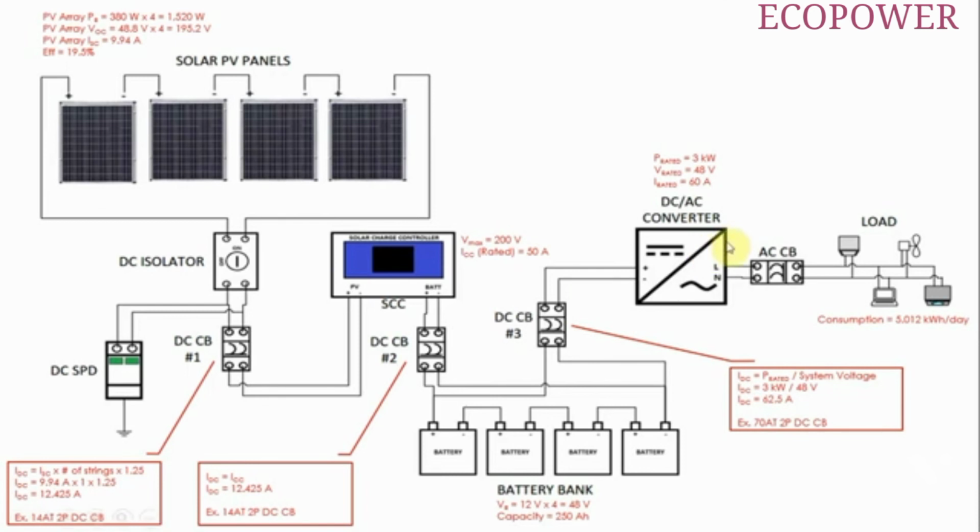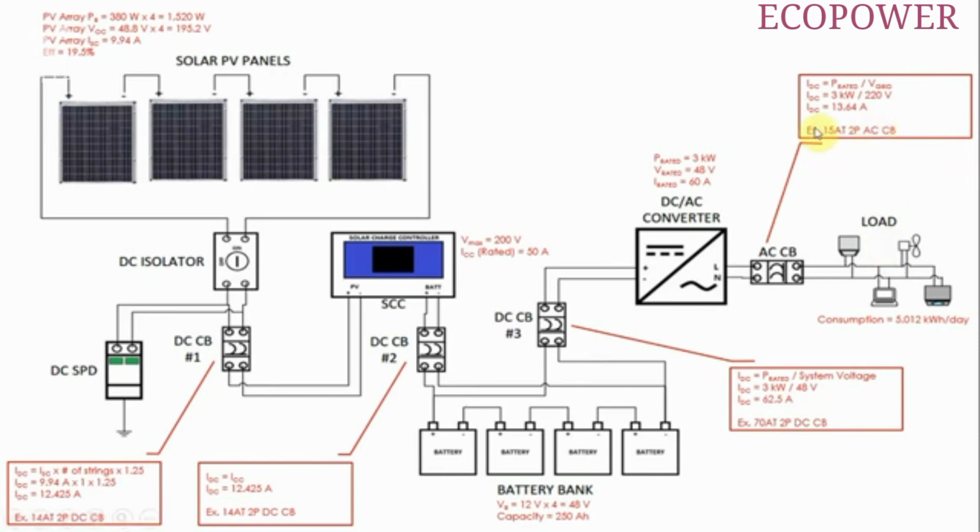And lastly, the AC circuit breaker. The output of our inverter can be computed as the maximum power rating of our inverter, 3 kilowatts, divided by our grid voltage, which is 220 volts.